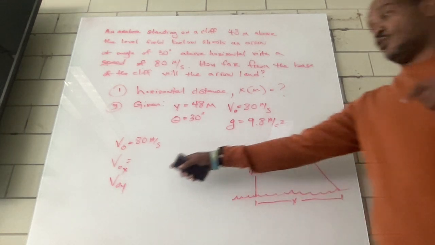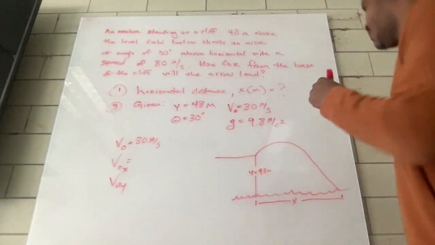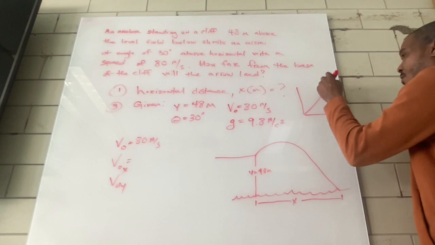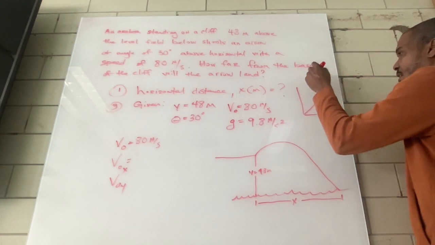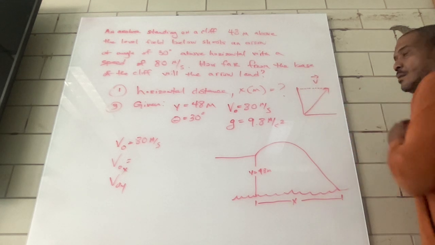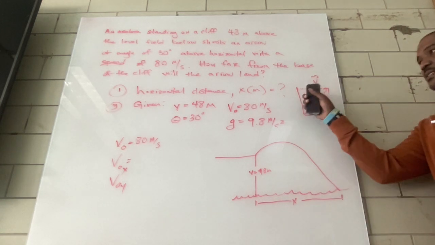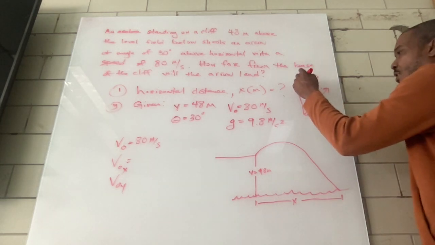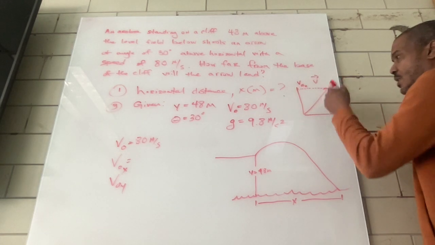What we're gonna do is what we did with the triangle. Here's our arrow coming off the cliff. Here's V. What is this? V0x, the x component of V. What is this?